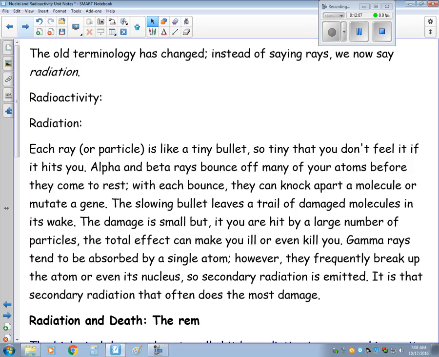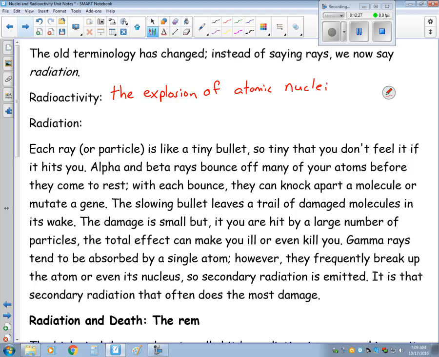So radioactivity is the explosion of atomic nuclei. Radiation, then, is the pieces that get thrown out in that explosion.